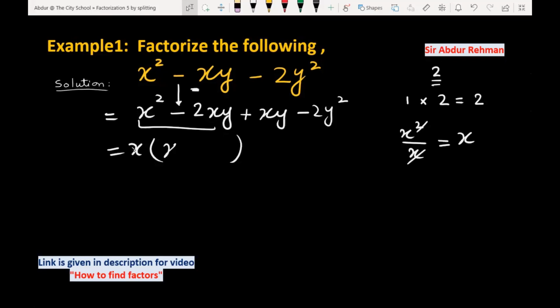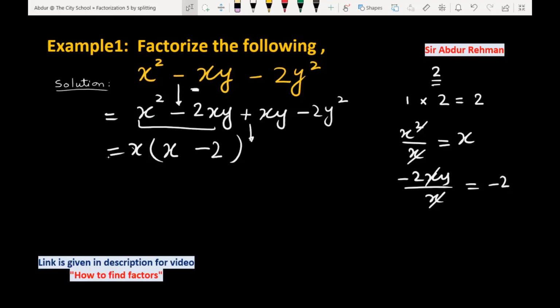So I'm going to write x here. And when you divide minus 2xy, the second term of this group, by x, you will get minus 2. So write down minus 2.